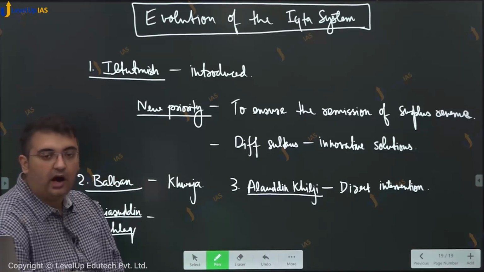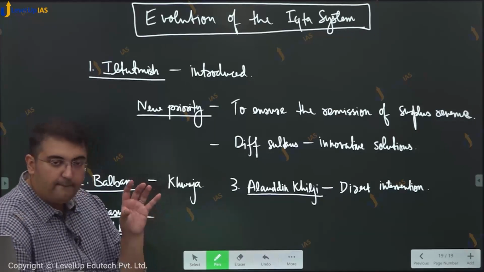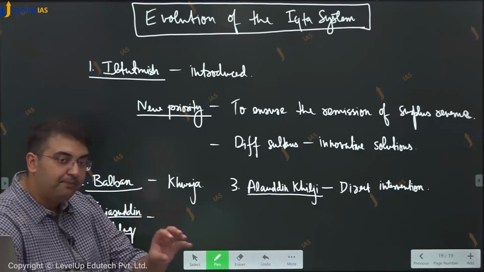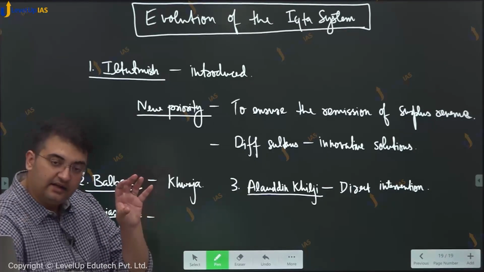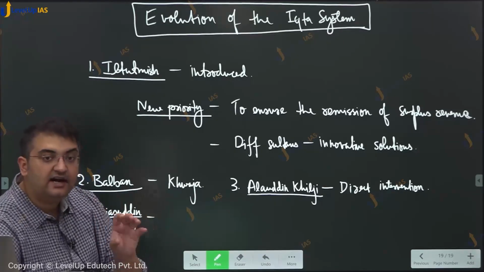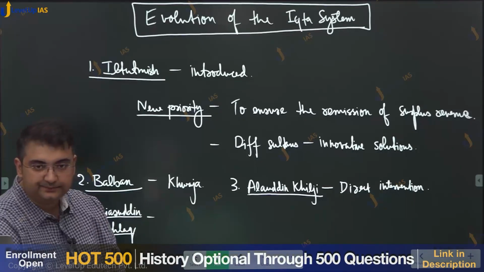Okay? So how to ensure that the provincial governors are actually spending the revenue generated at the provincial level on the things that they claim that money is required for? वो कैसे हो सकता है?